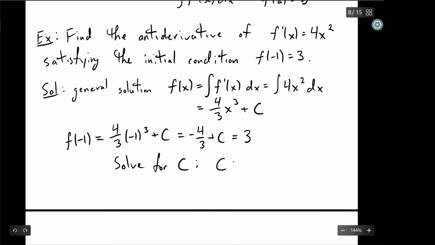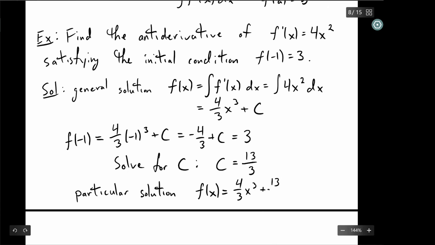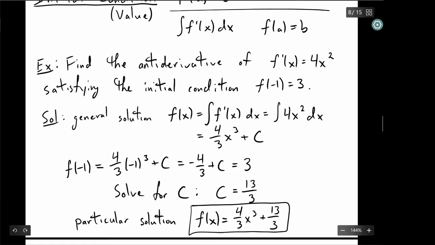If we do that, we get that c is going to be 13/3. And so this, what we're going to call a particular solution, is f of x equals 4/3 x cubed plus 13/3. And that's the answer we really want.